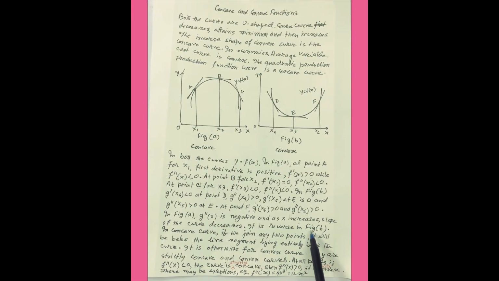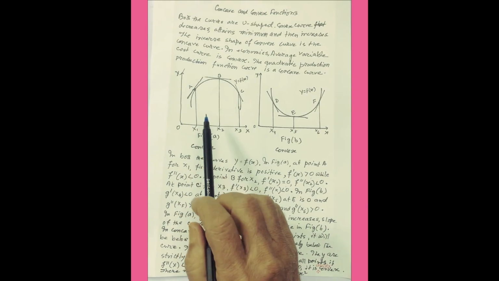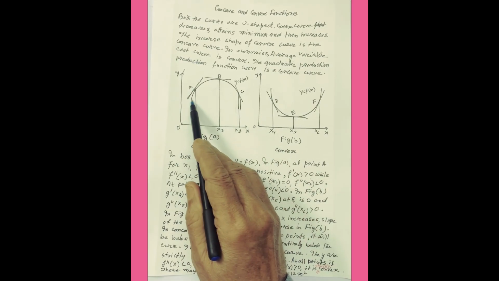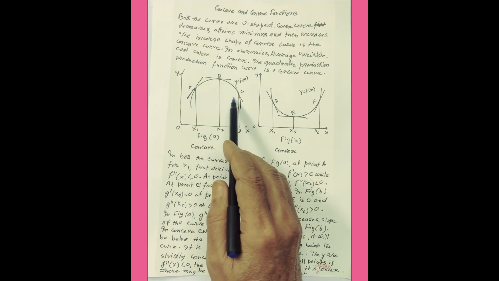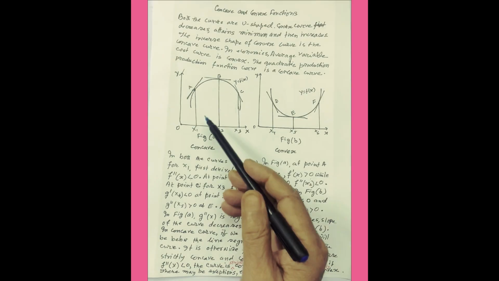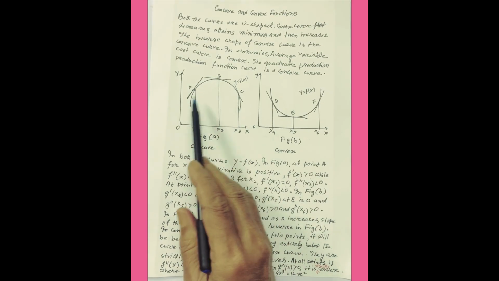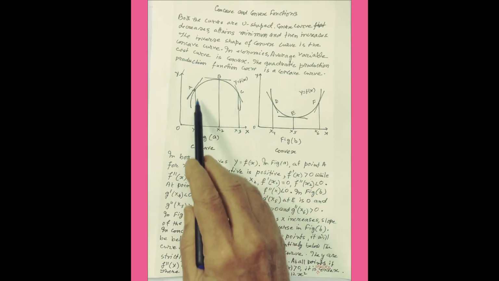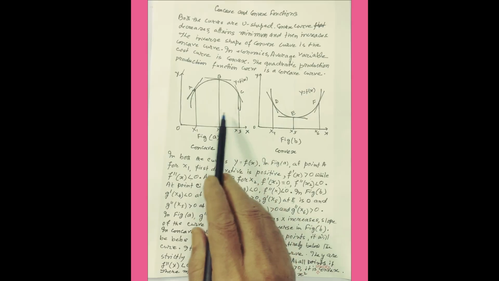It is reversed in figure B. In a concave curve, suppose there are points M and N. If we join these 2 points, the line segment will lie entirely below the curve. It will not be outside.